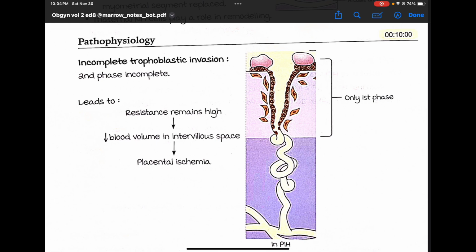Pathophysiology. Incomplete trophoblastic invasion. The second phase is incomplete.